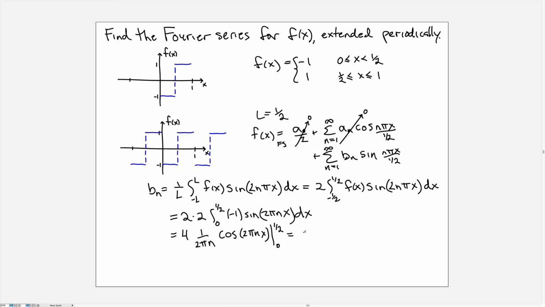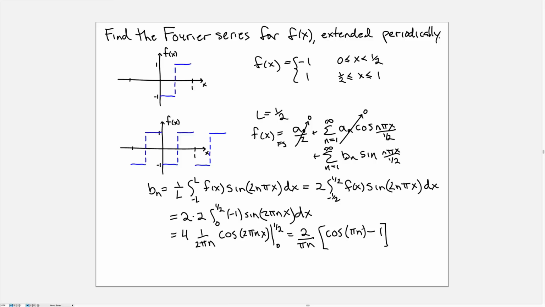And so here I'm going to do a little bit of canceling. I get a 2 over pi n as the coefficient, and then cosine of 1/2 is going to be the cosine of pi n, and the half here and the 2 there will cancel, so I have pi n left over. And then I subtract from that, and let me put a bracket in front, the cosine evaluated at 0, which is just 1.